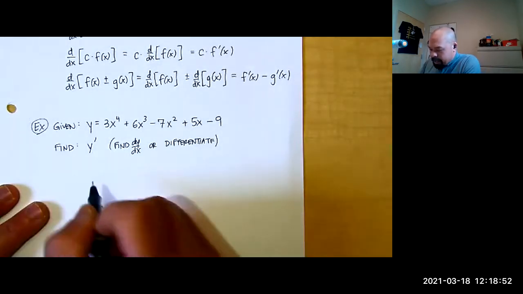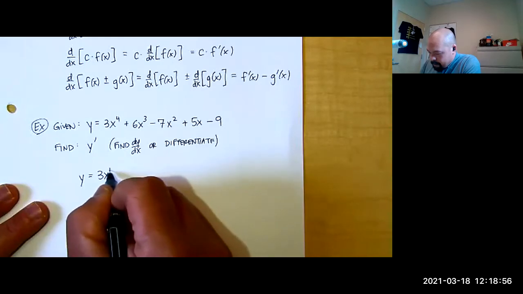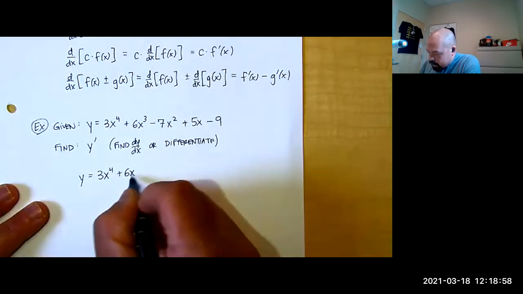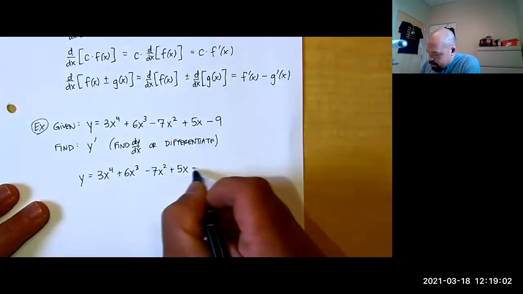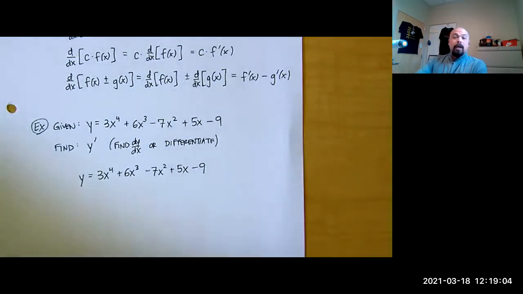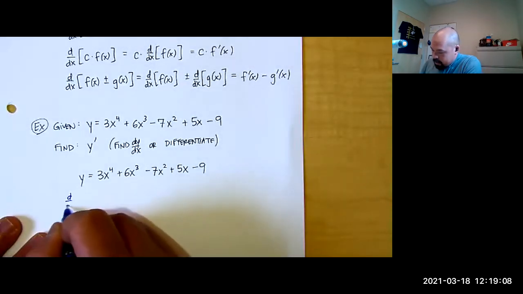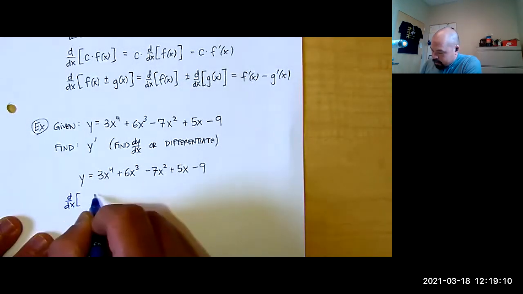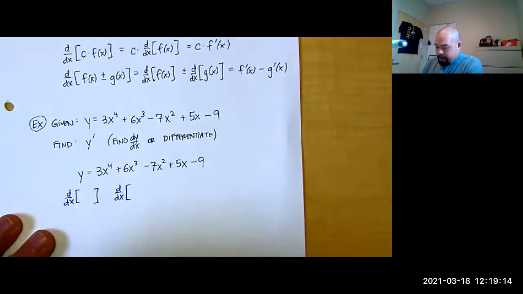I'm going to be a little redundant here, so bear with me. There's my equation. Now I'm going to take that derivative on each side, with respect to x, that's my independent variable.